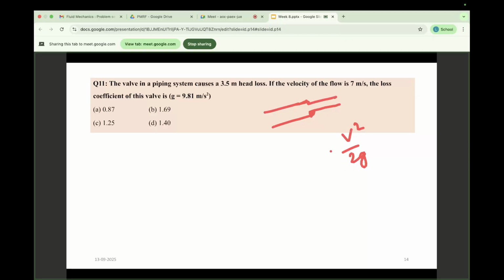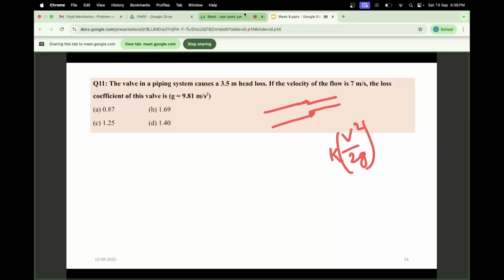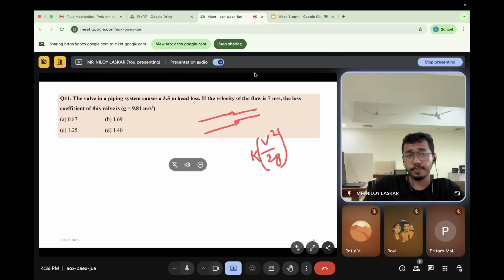In that case, this loss is given by K into V squared by 2g, where K means a constant, into this velocity here. This is also known as minor losses. You will see that in valves, in entrances, and all these things. So please try to solve this one.